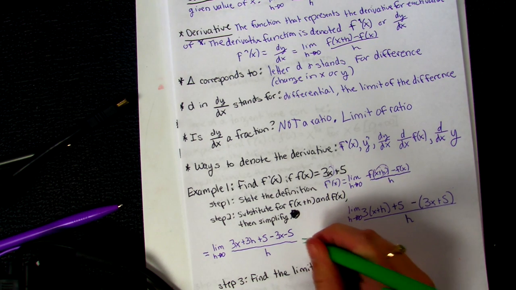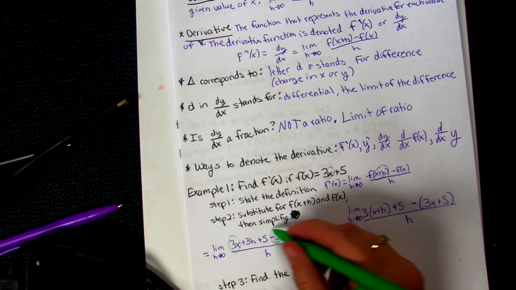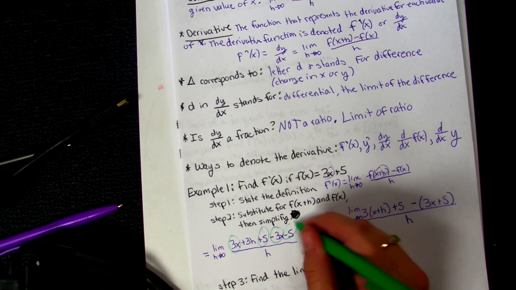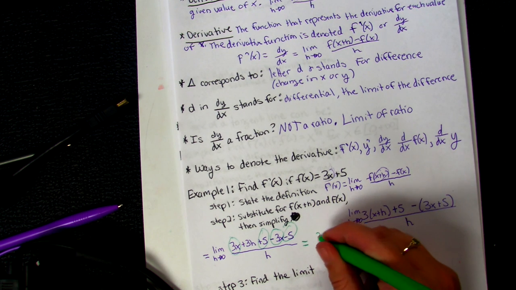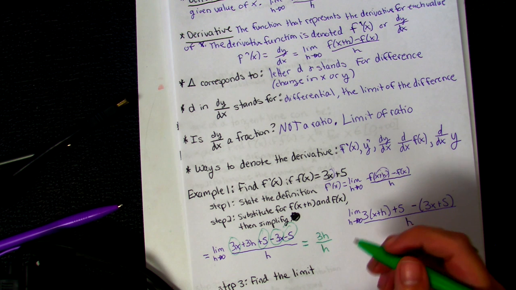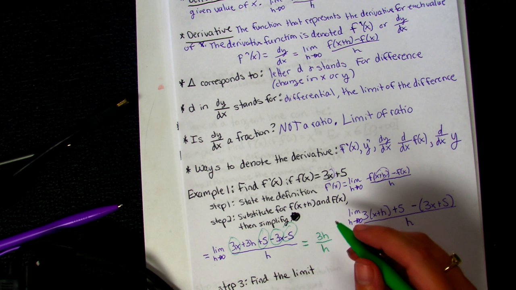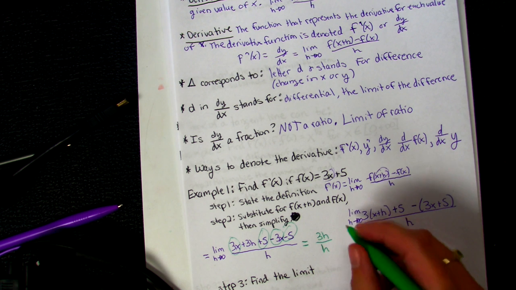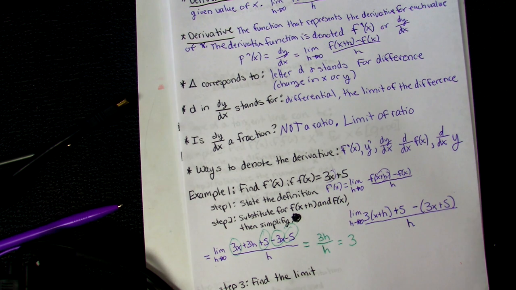So that is equal to, well, this 3x minus this 3x, and then I've got this 5 minus this 5. So on top, I'm just left with 3h over h. The h's simplify. That means that I now have 3. So step 3 is finding the limit.